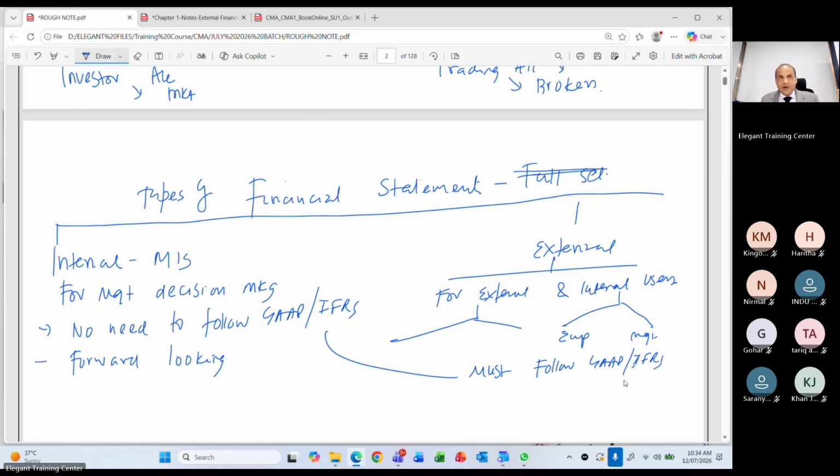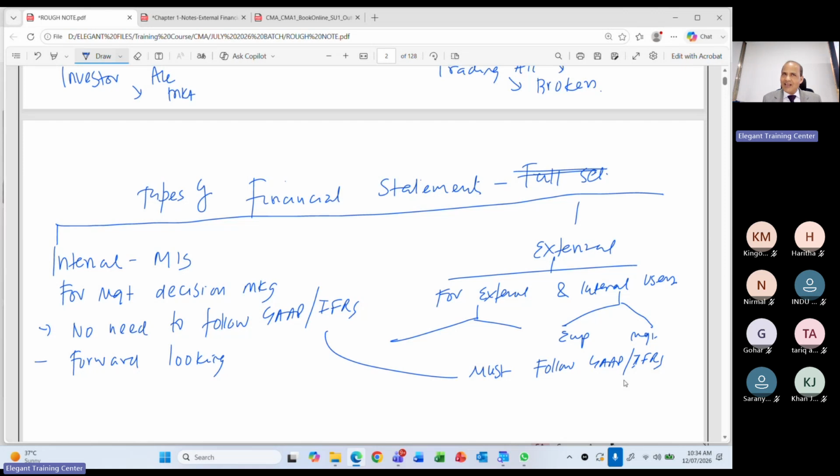Because external means the financials you are publishing on the website, on the internet, in the public domain. If you go to Google and type Etisalat financials, you will get it. But if you type, let's say, financials of any private company, will you find?